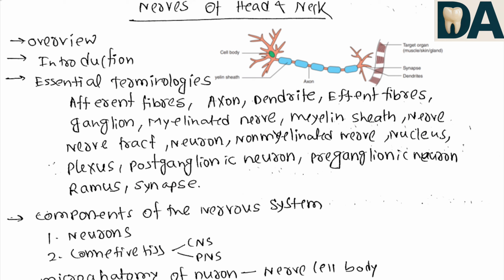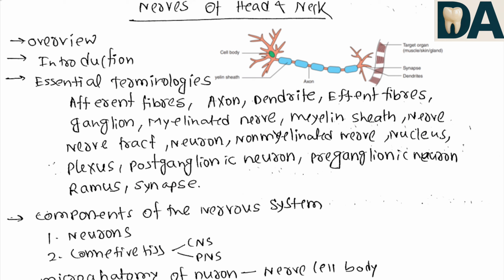Neuron. A basic functional unit of the nervous system consisting of the nerve cell body with nucleus and cellular extensions called dendrites or axons. Non-myelinated nerve. A nerve without a myelin sheath is called a non-myelinated nerve.